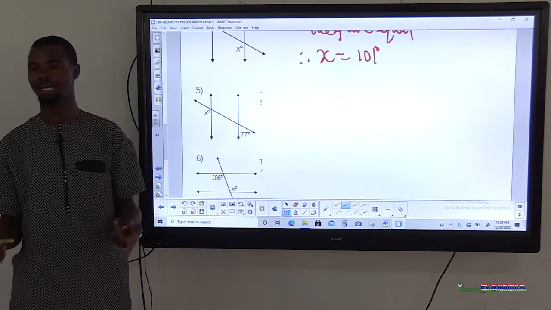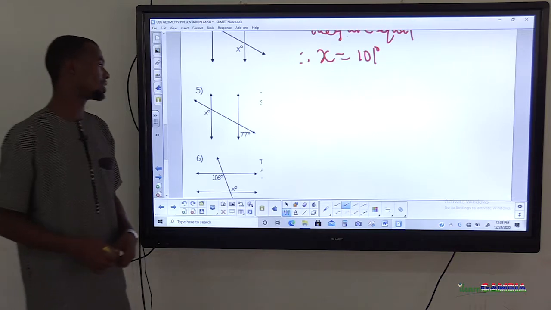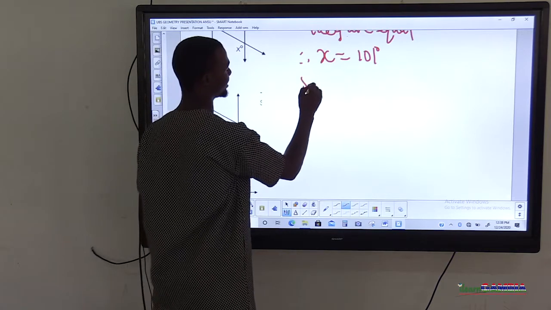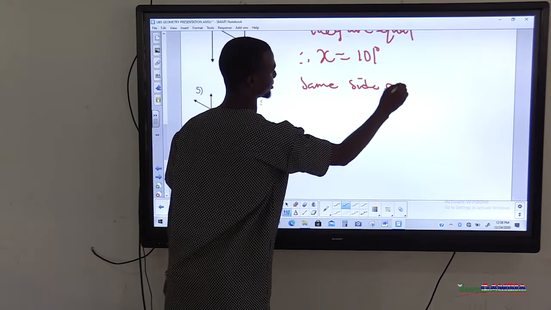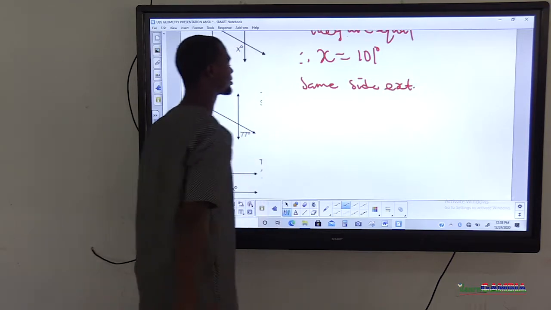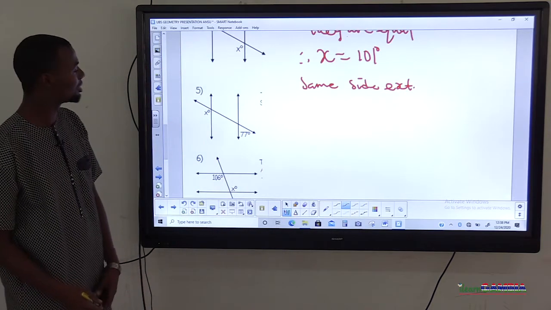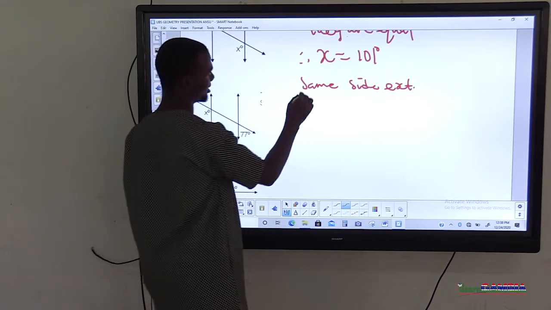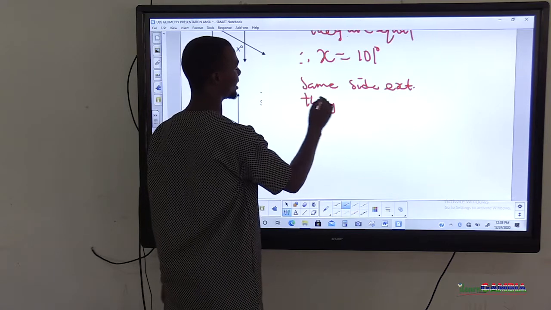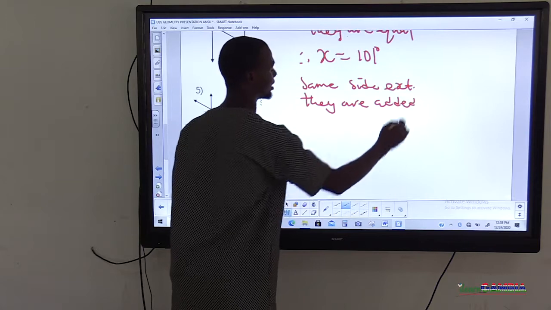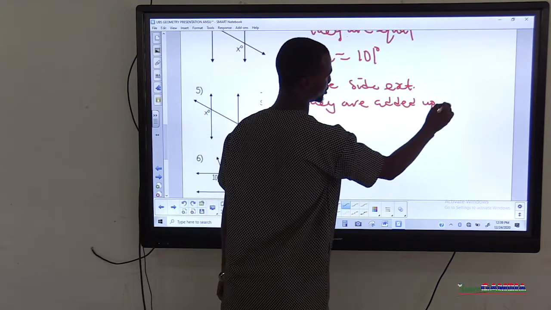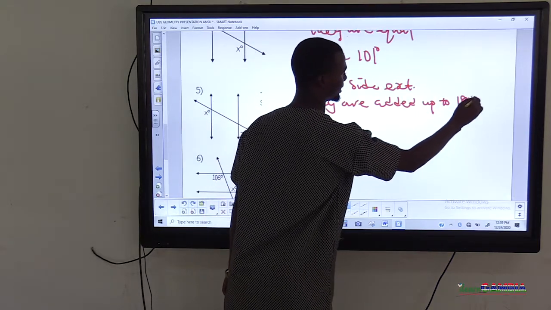They are same side exterior angles, and they are supplementary, added up to 180 degrees.